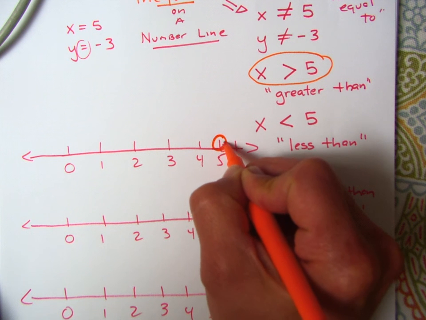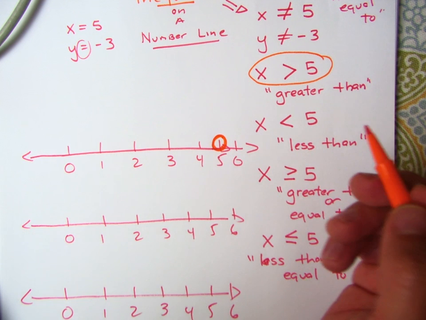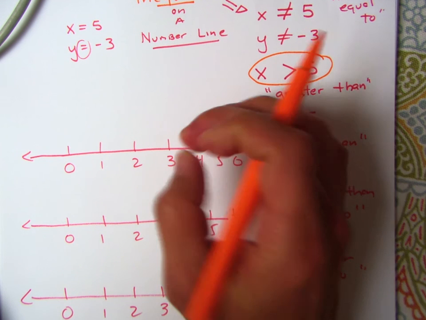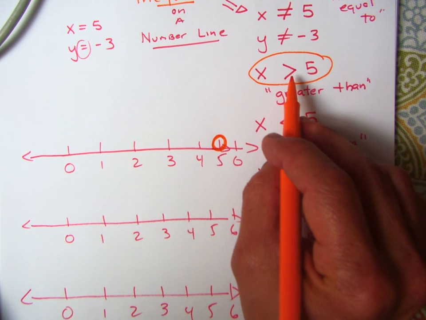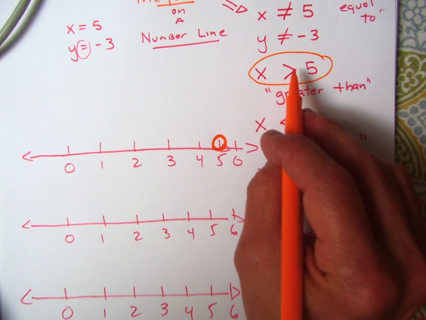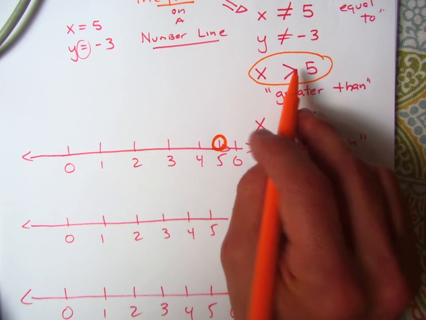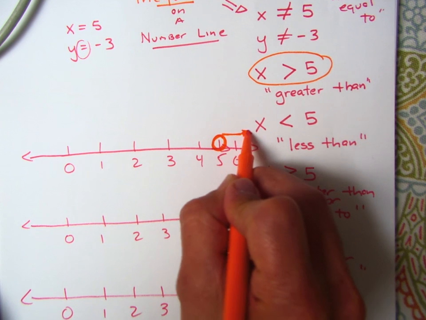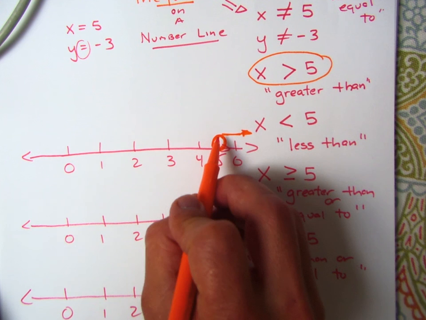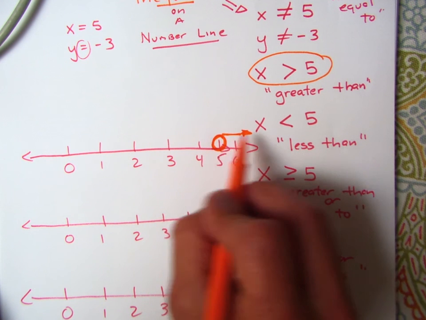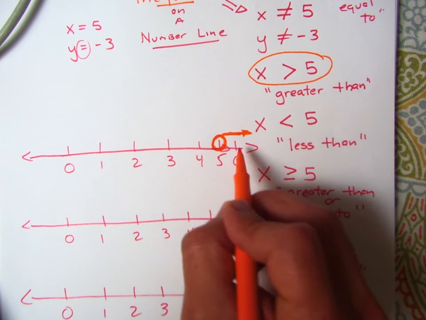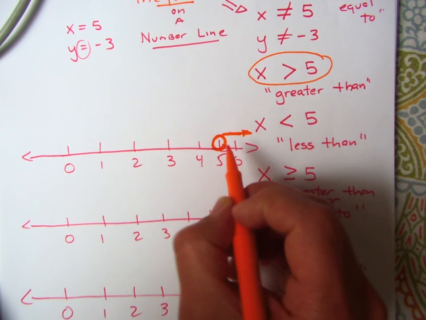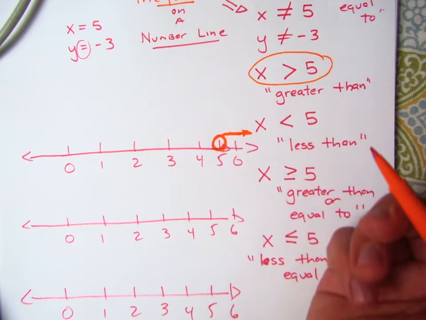It's open because I don't want to include 5, but I want to start there. Now I want all the numbers that are greater than 5, so it's pointing to the right. I'm going to put an arrow, a line, and make it go to the right. So it's going to point to the numbers that are bigger than 5. So 6 is bigger than 5, 7, 8, 9, 10. Even 5.1 is bigger than 5.